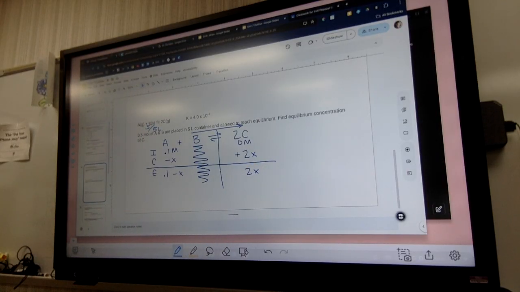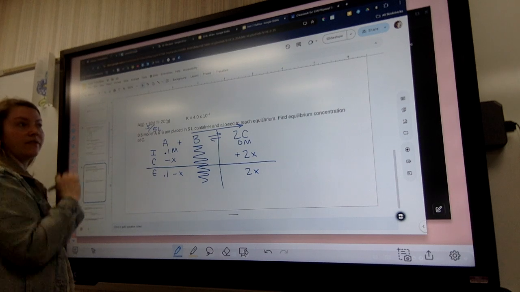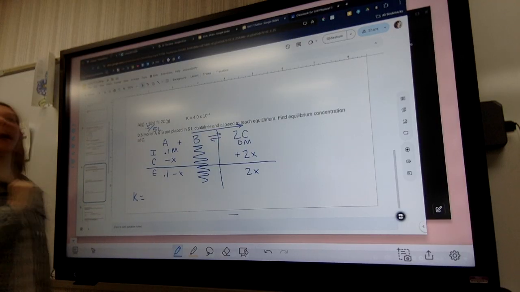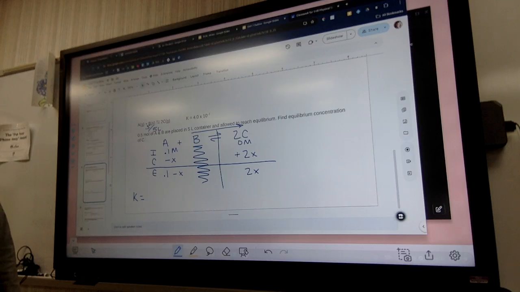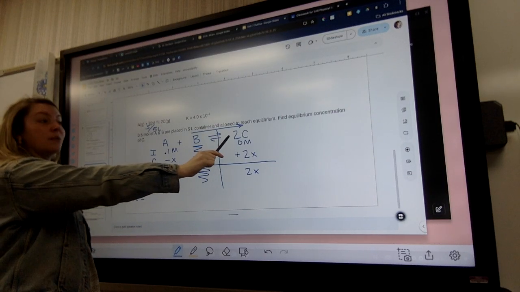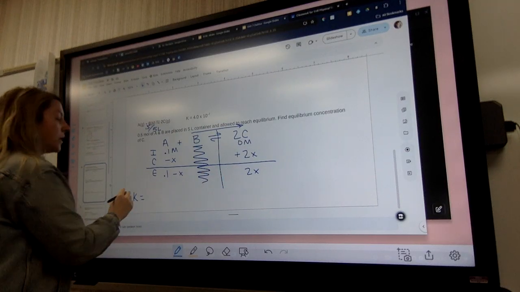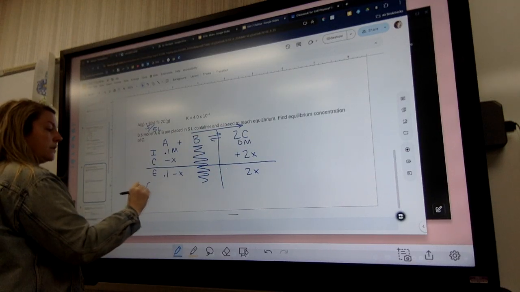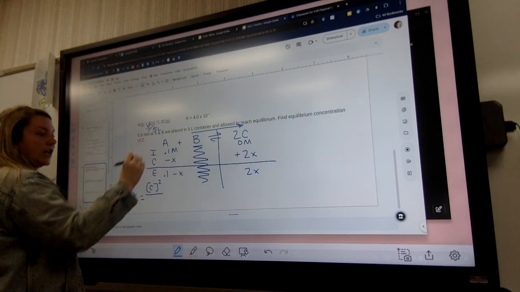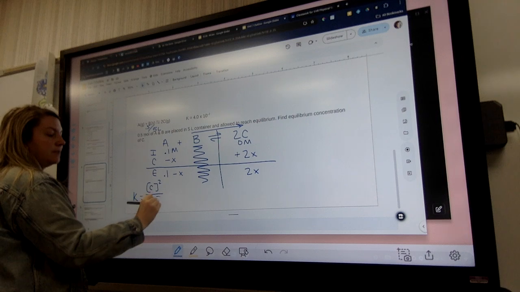Now I need to plug it into the K in order to find the x, to then find the equilibrium concentration. I highly recommend that you always write the expression first before you plug in the numbers, because a lot of times people plug in the numbers and disregard the 2 up here, meaning that we have to square this. So we would have C squared divided by, B is not included, just A to the first power.